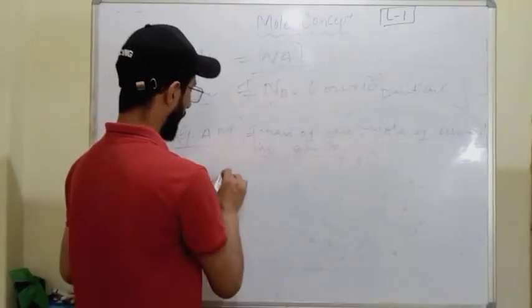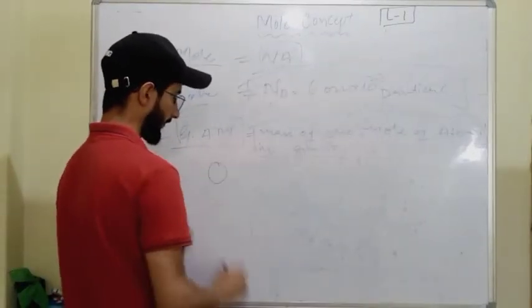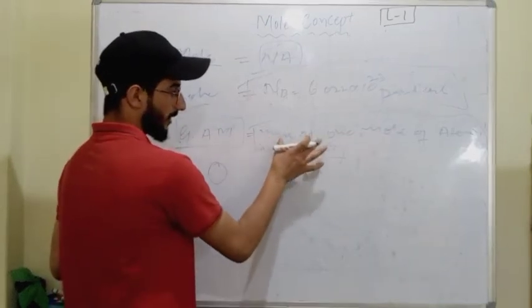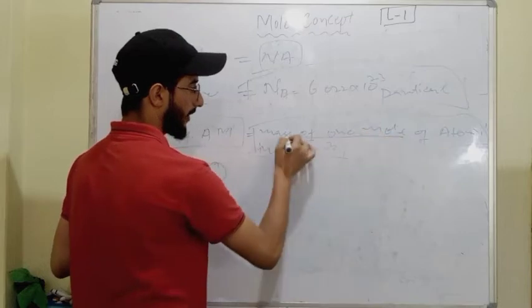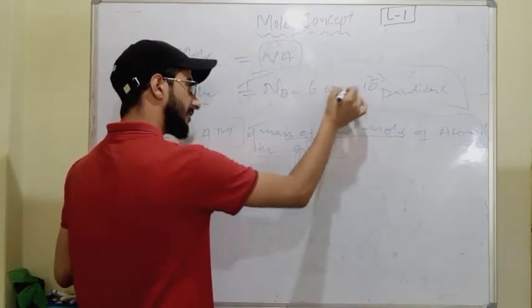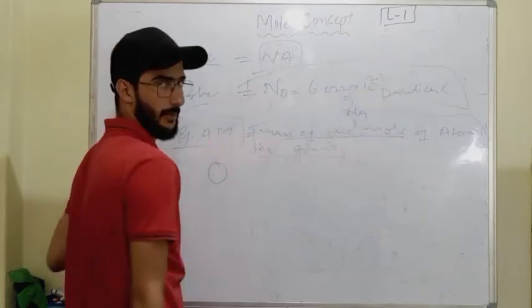If I have oxygen, I am going to calculate the mass of 1 mole. 1 mole means 6.022 into 10 to the power 23 particles.